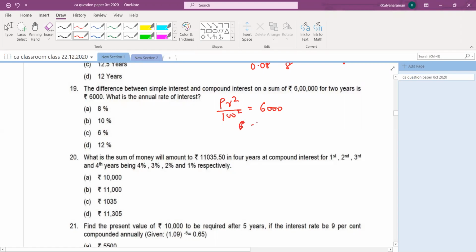So you can write R square is equal to 6,000 into 100 into 100 by 6 lakhs. So 5 zeros here, 4 zeros cancel, 1 more zero here. So this is 100. So R square is 100, R is 10%.